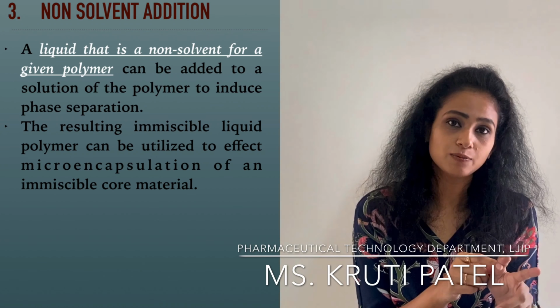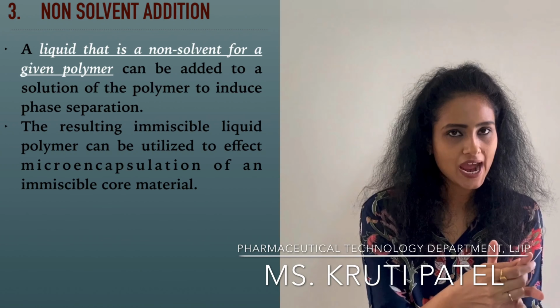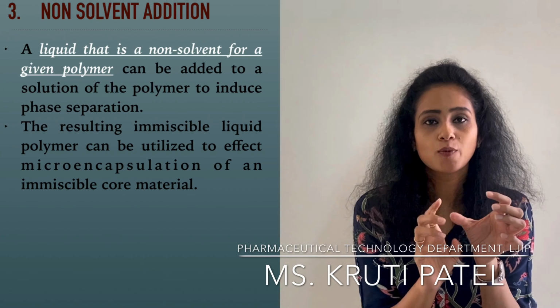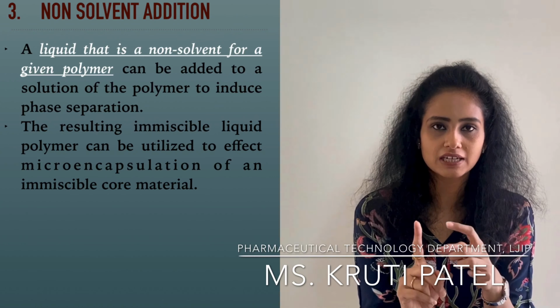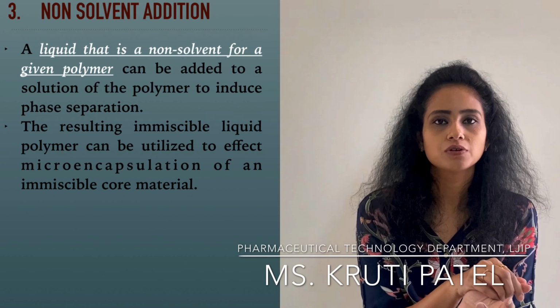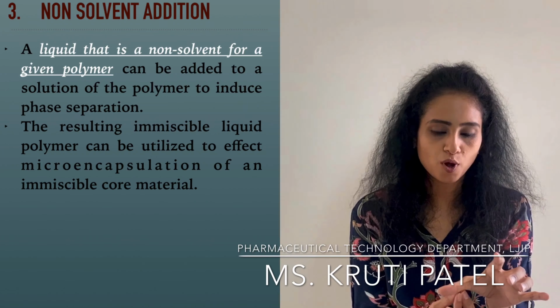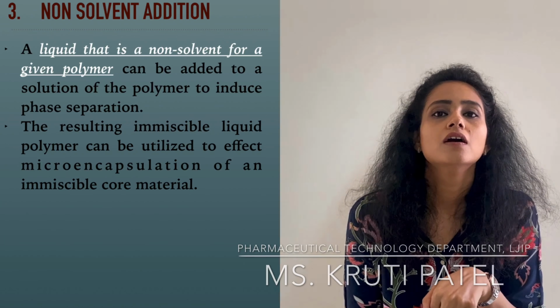In the previous case a polymer was added, now in this case a solvent is added. So when I add this solvent in this solution, what happens? This polymer is not soluble in that solvent. So that polymer will come out, which is very much similar to your precipitation technique. This polymer will come out and form a coat around that particle.